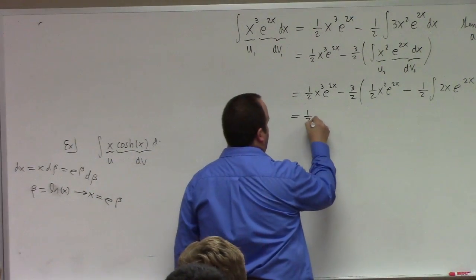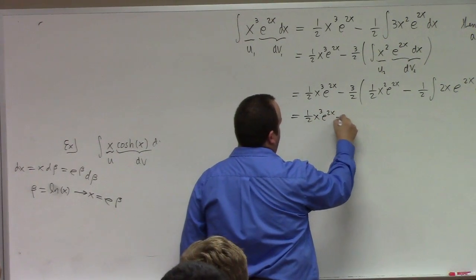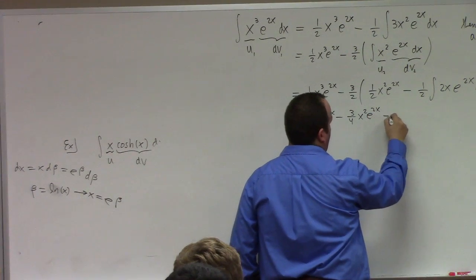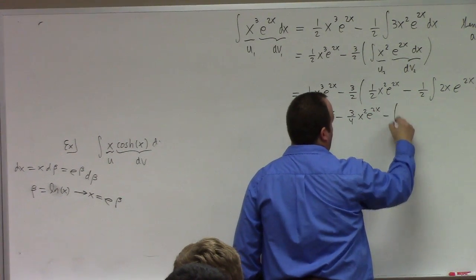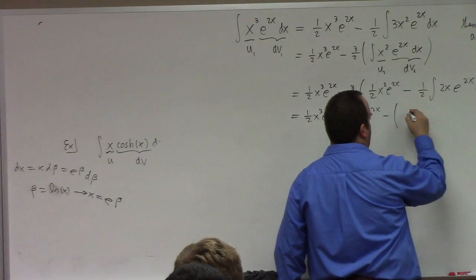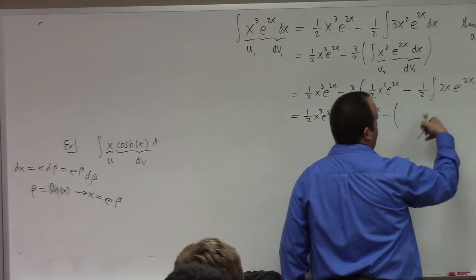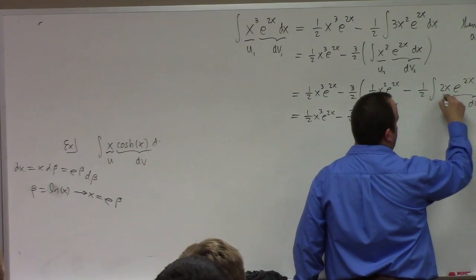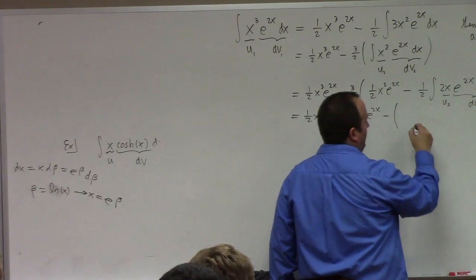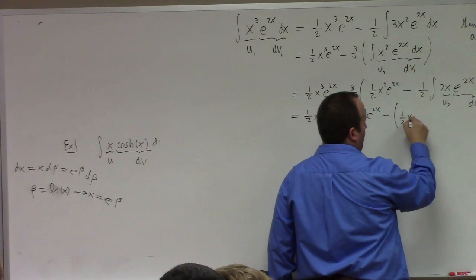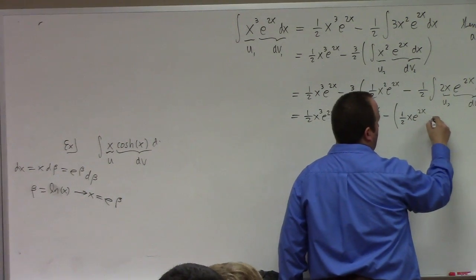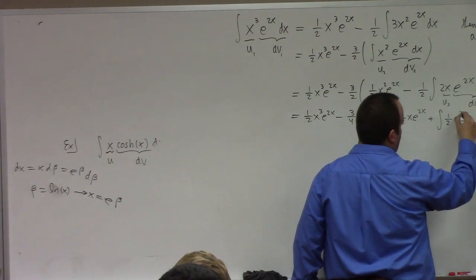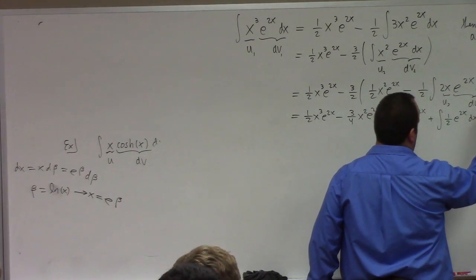And then, let's see here. So I can pull the half out, and then the 2's cancel. So I'm just going to make this be my dv3, x will be my u3, and so I get 1/2 x e to the 2x plus the integral of 1/2 e to the 2x dx finally.